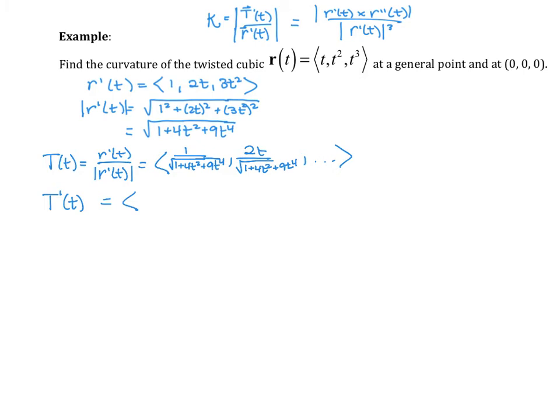This first one, we would have negative 1/2 times 1 plus 4t squared plus 9t to the fourth to the negative 3/2 times the derivative of that inside piece, which would be 8t plus 36t cubed. And that's just the first component. I don't want to do that, okay? This is where using that other formula is going to come in handy. So let's see what that might look like.